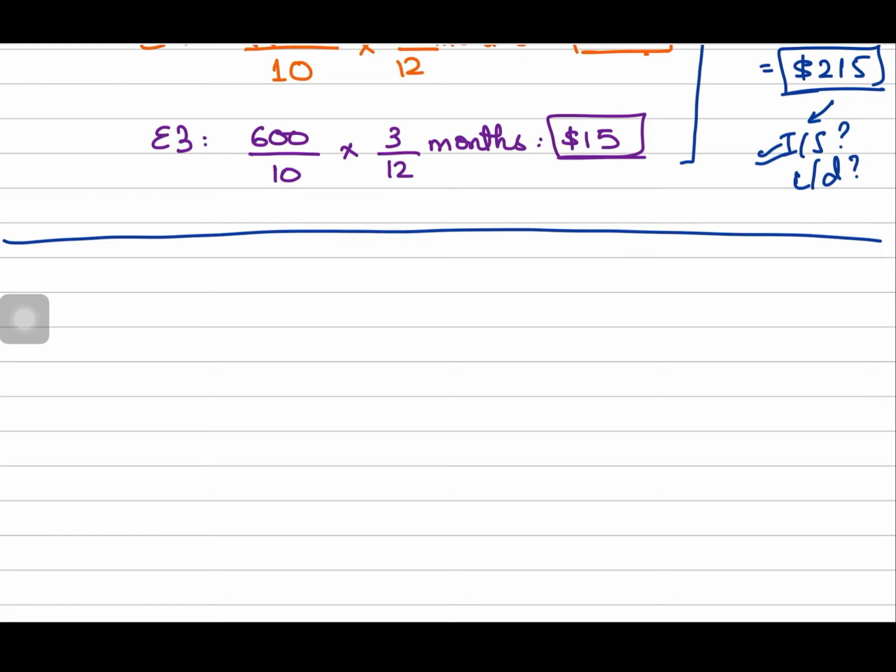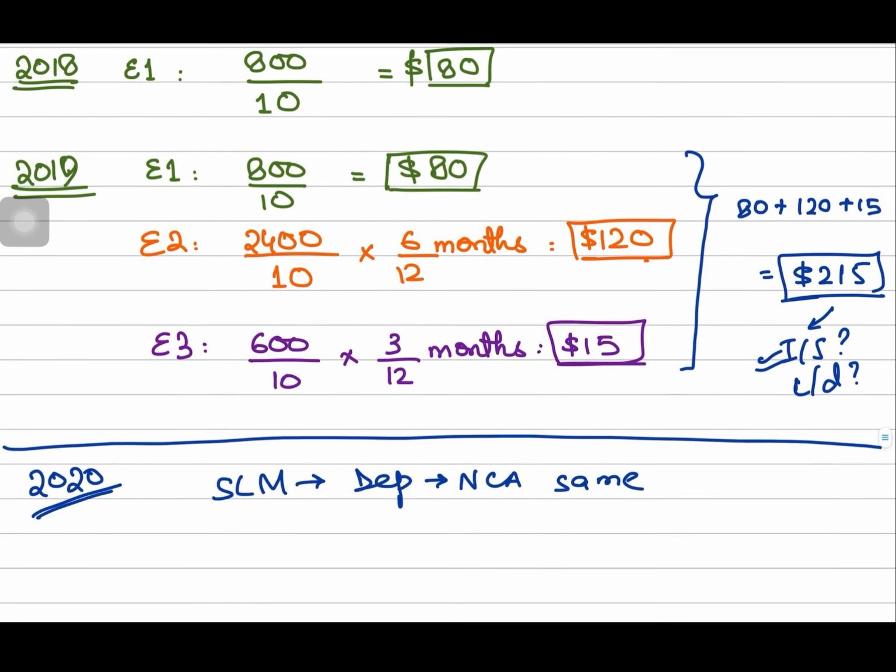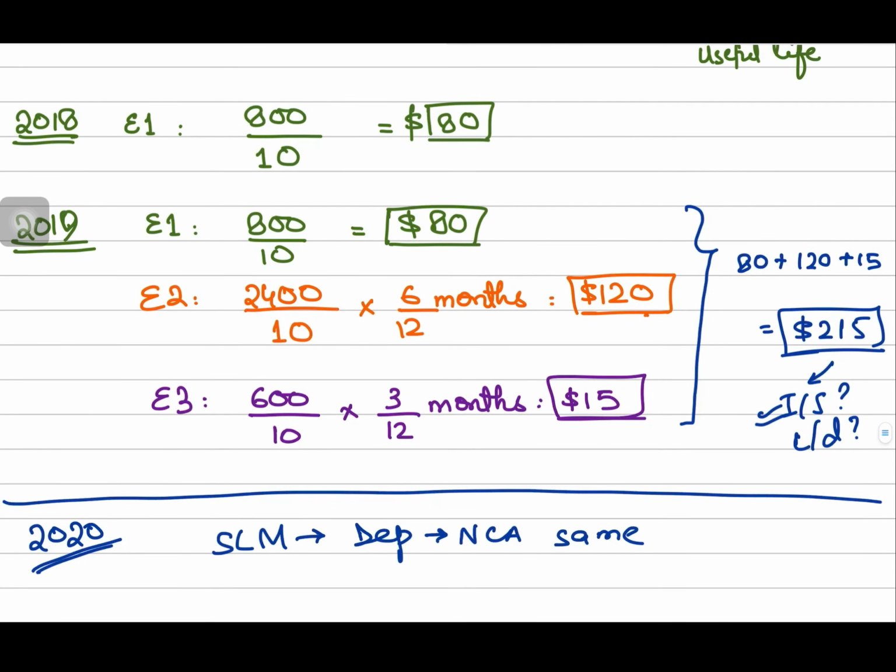I can if I want to, but since I am following the straight line method, we know that under straight line method the depreciation charge on the non-current assets remains the same each year. The only difference comes in the year of purchase and in the year of disposal, and for that we have done the calculation for each of these assets.